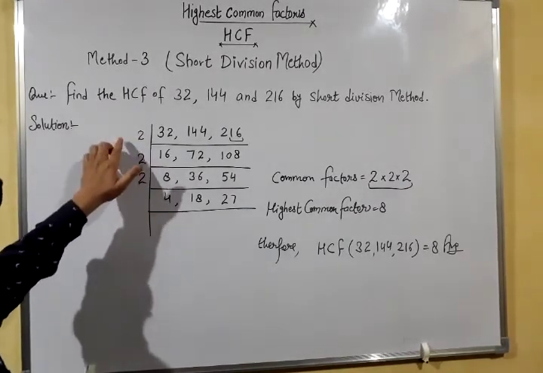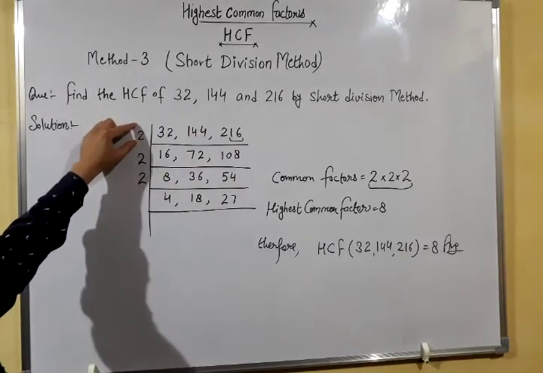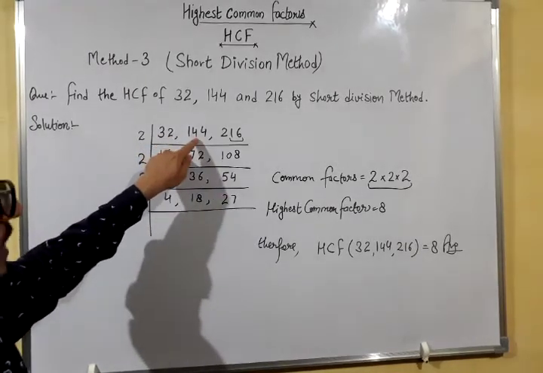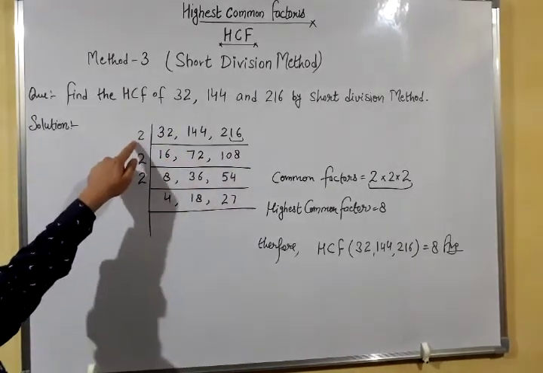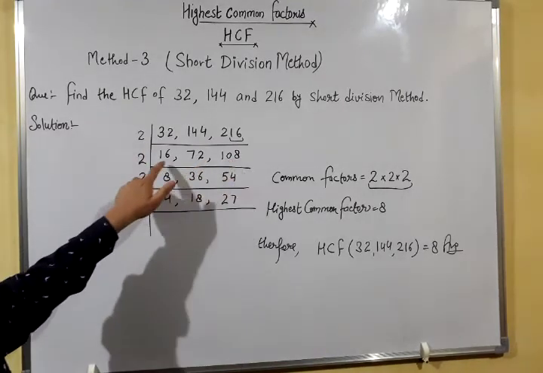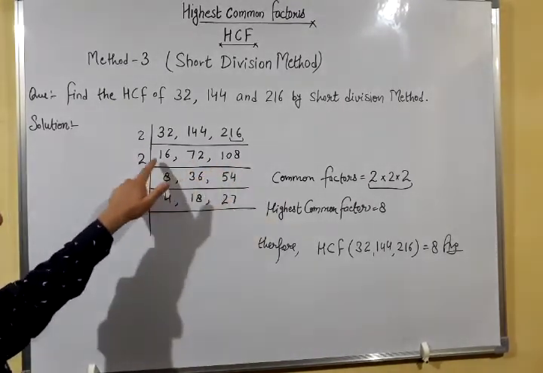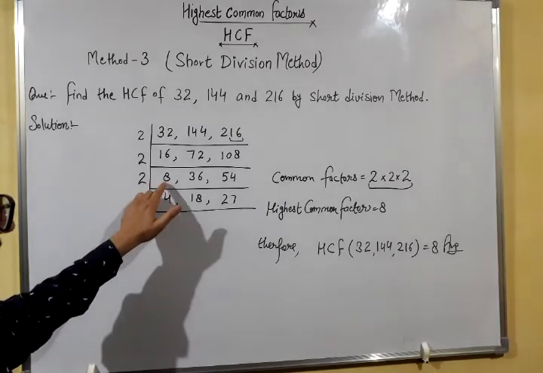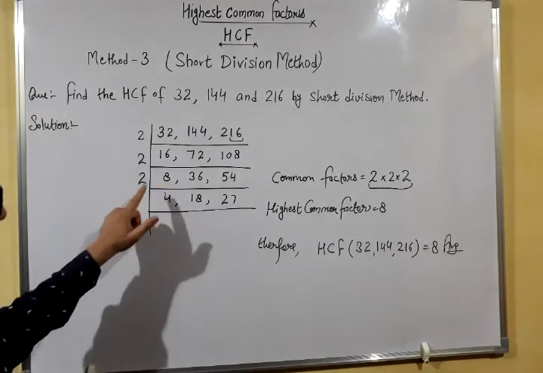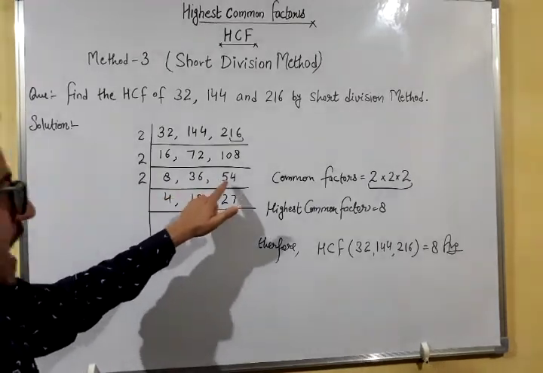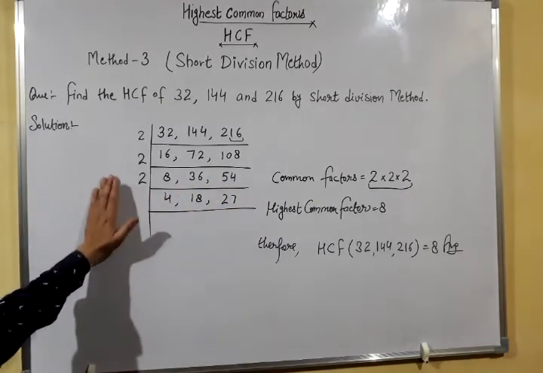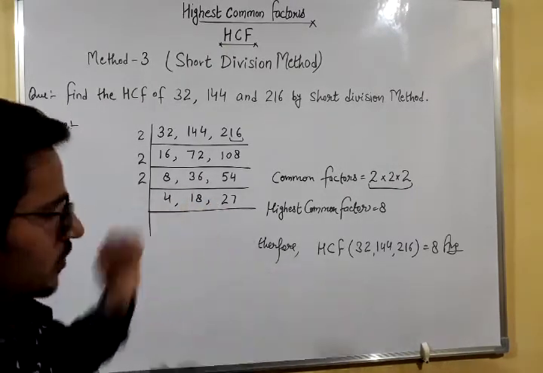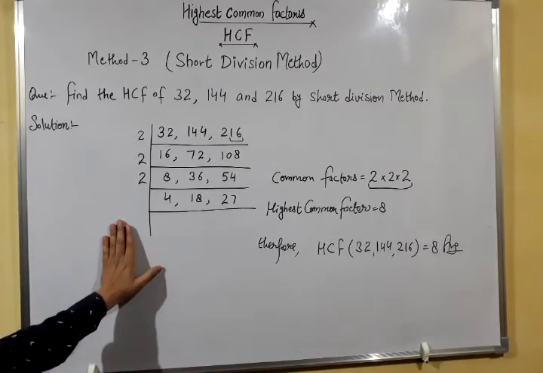Now we will divide the given numbers by the smallest common factor, and here the smallest common factor of 32, 144 and 216 is 2. Again, the smallest common factor of 16, 72 and 108 is 2, and after dividing, again the smallest common factor of 8, 36 and 54 is 2, and now we don't have any common factors of 4, 18 and 27. So we will stop our division here.